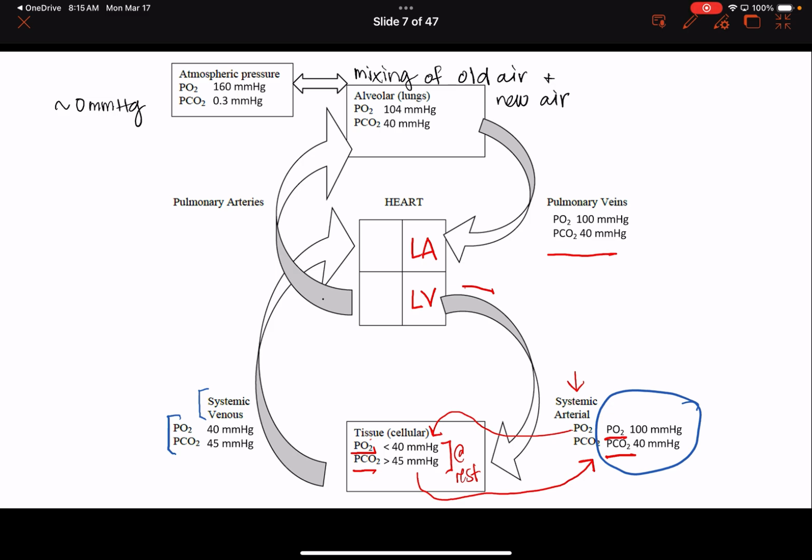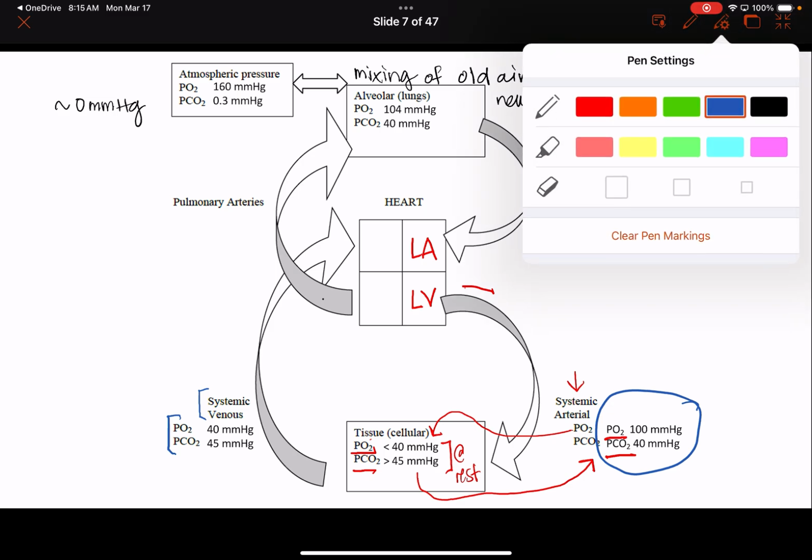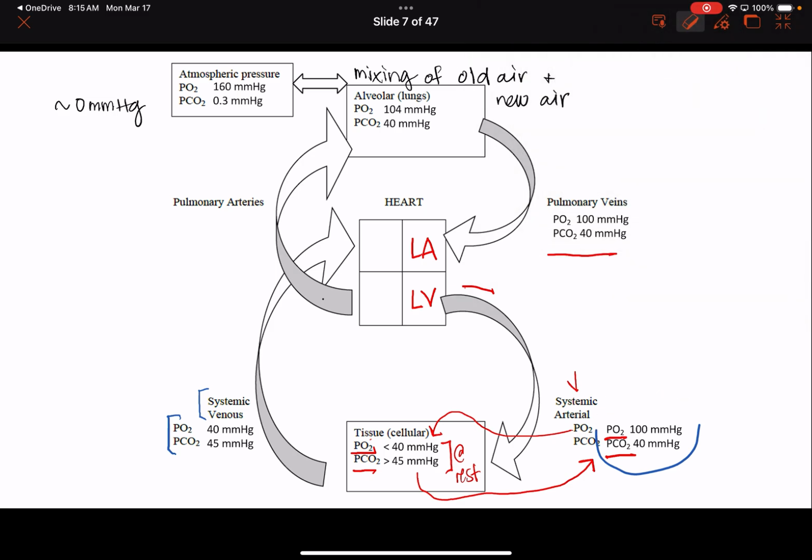We delivered the oxygen, we picked up the CO2, so the partial pressures are going to be different to reflect that. And now I'm drawing in blue because we are deoxygenated on this side. So is everybody okay with that so far?